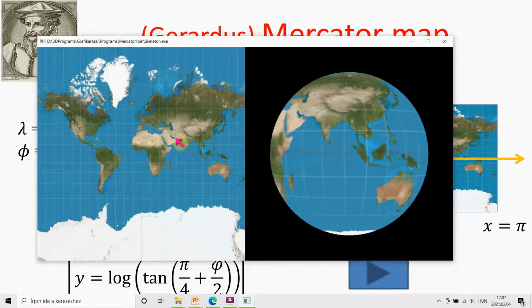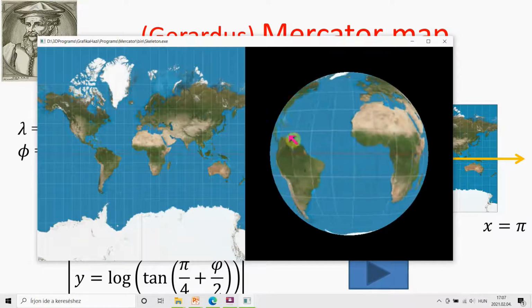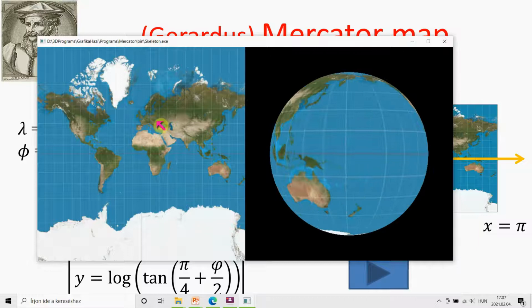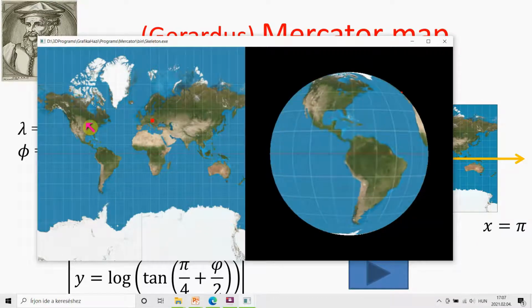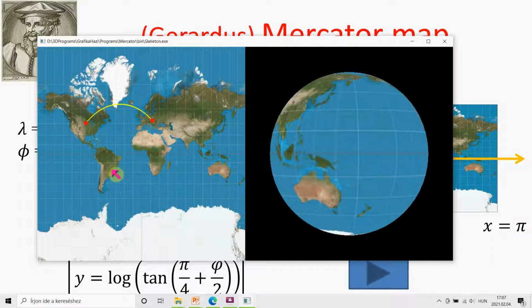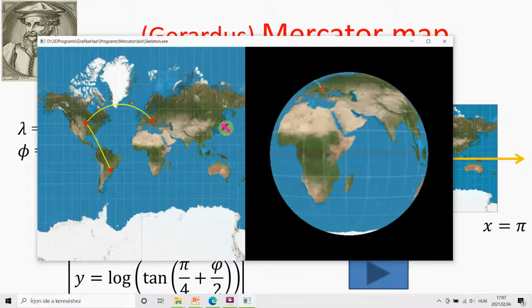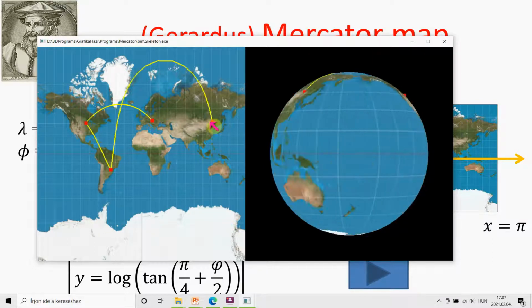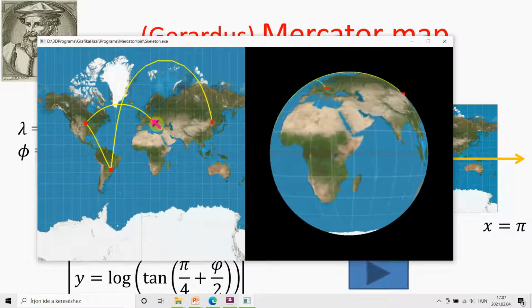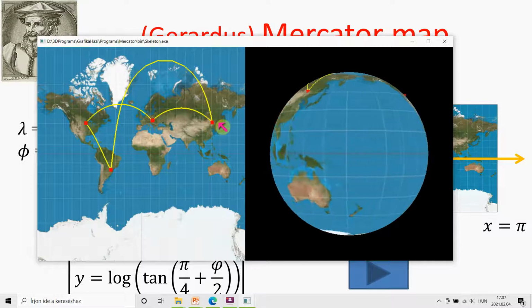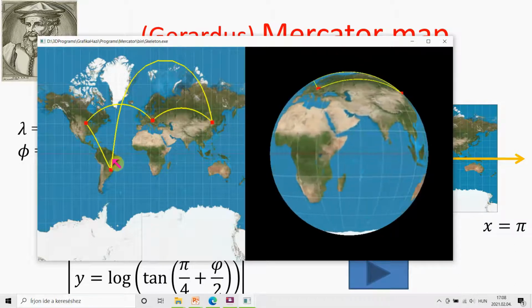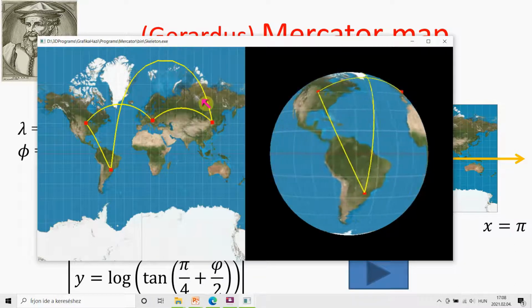So here we see the Mercator map and here the sphere itself. And suppose we want to travel from Hungary to Canada, then Brazil, China, and finally let's return to Budapest. So this is the path that would be used by an airplane because these are the shortest paths.